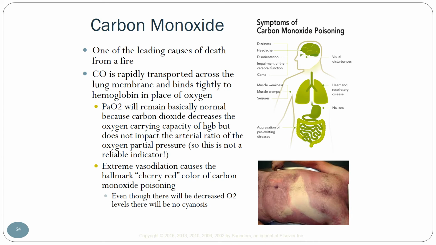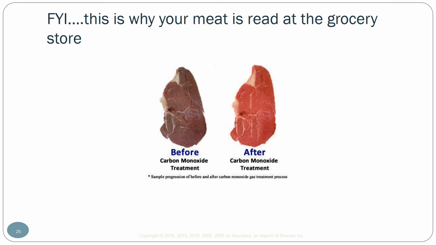It's going to impair the cerebral function, causing that confusion, and they can also go into a coma as it becomes more significant. They're going to complain of muscle weakness and cramps, and they could potentially have a seizure. They're going to have aggravation of heart and respiratory diseases. If they already have COPD or some other issue, they're going to be much more sensitive and respond much more negatively and quickly to carbon monoxide poisoning.